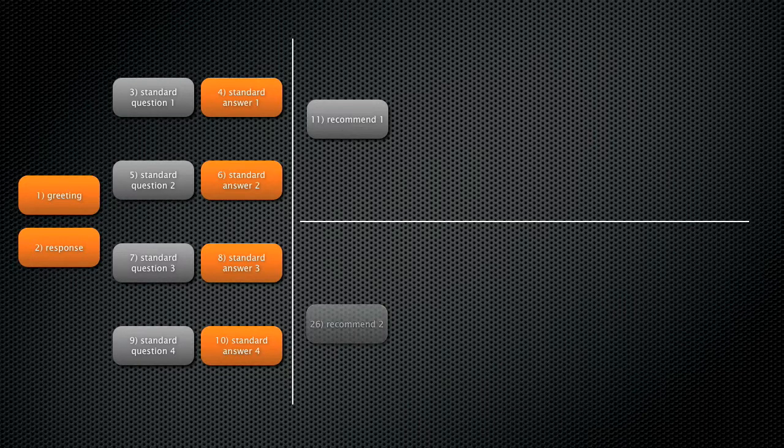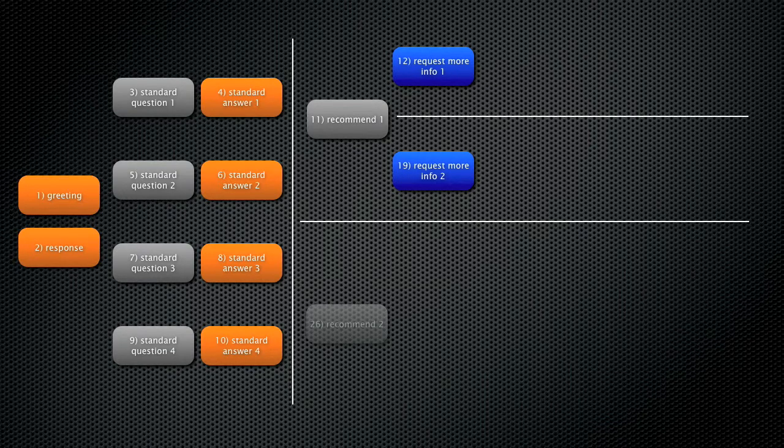And again, as with any kind of sales situation, once you've made a recommendation, you can pretty well expect that a customer is going to have some sort of objection or have some other request for new information. In the way that the PowerSim is designed, for each recommendation, there are a couple of different objections, and those will come up randomly depending on how many times you go through the scenarios.